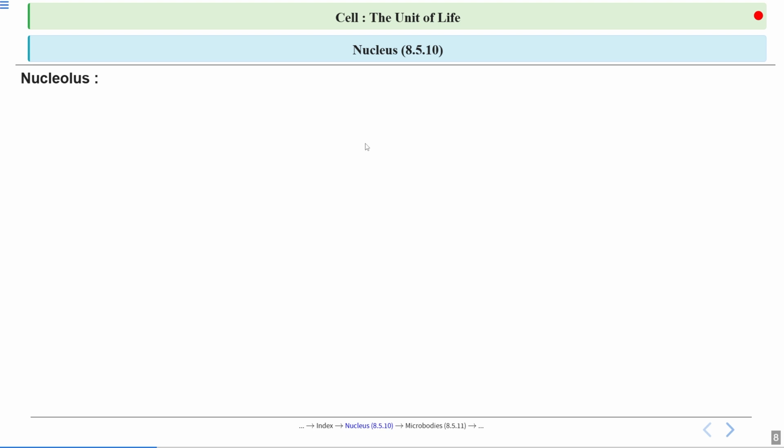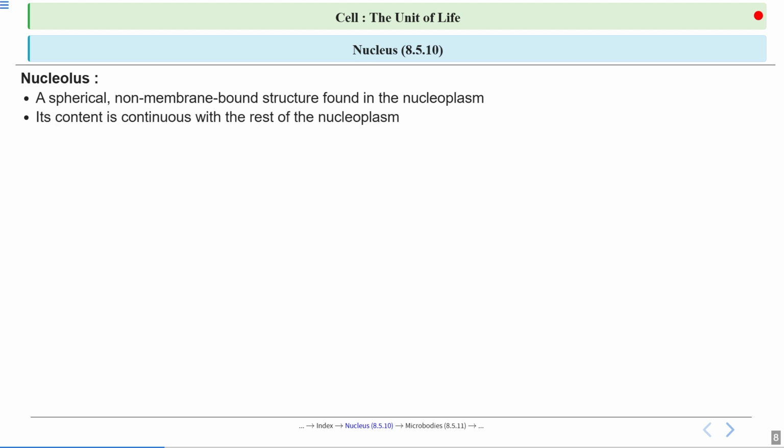Let's talk about the nucleolus. What is nucleolus? So it is a spherical, non-membrane bound structure. So there is no membrane around it and it is found in the nucleoplasm. Now its content is continuous with the rest of the nucleoplasm.